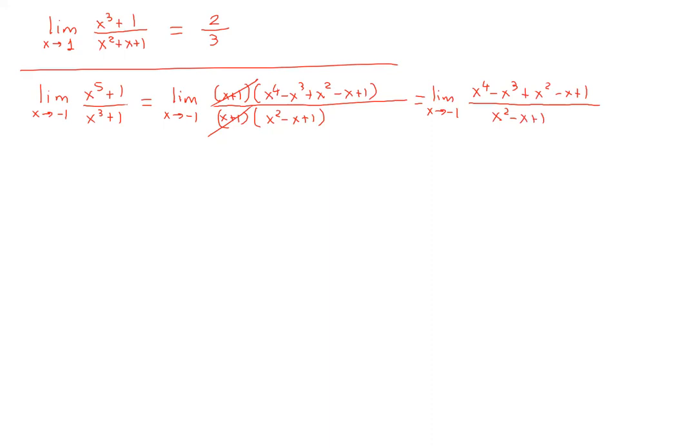And now if we plug in, what are we going to get? You can get rid of the limit notation now because we're plugging in. So we're going to get -1 to the 4th minus -1 to the 3rd plus -1 squared minus -1 plus 1 over -1 squared minus -1 plus 1.